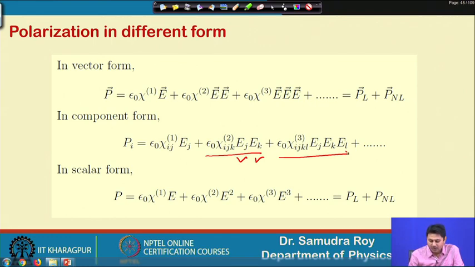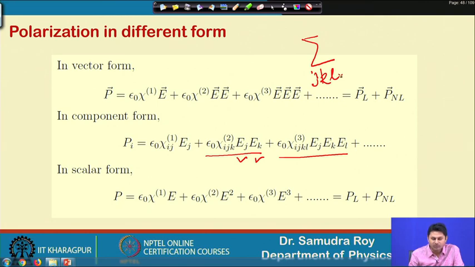When j, k, l all are there, then it should be summed over all these indices. So, if I write in terms of summation, this is essentially the ith component, so it is j and then k and then l. All these are summed over, and finally, we have the scalar form.